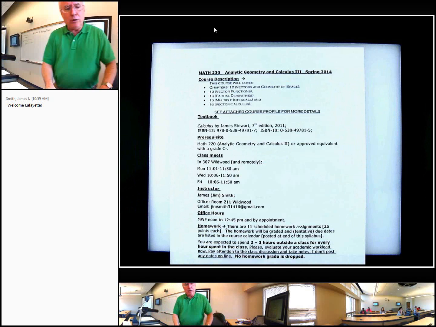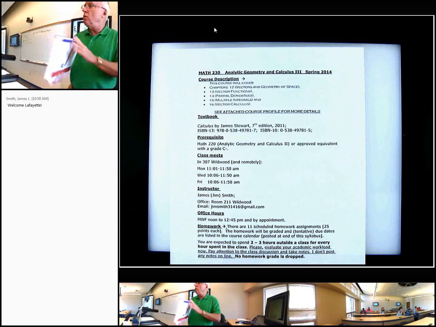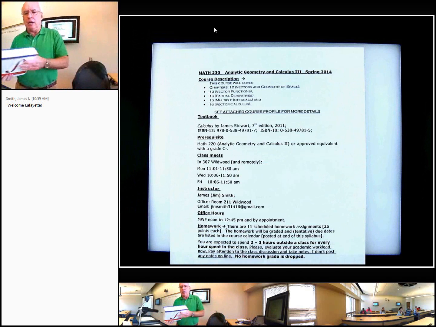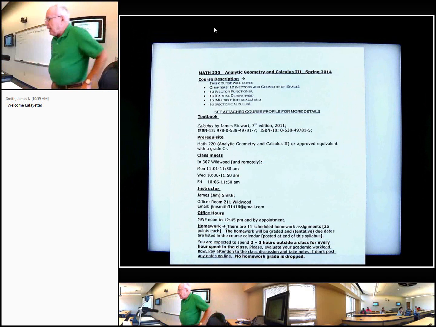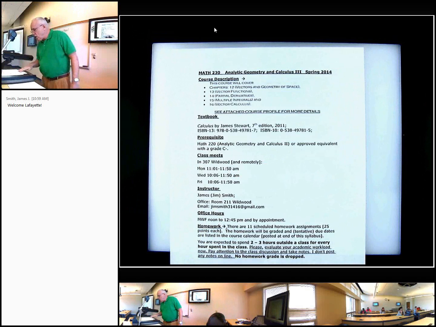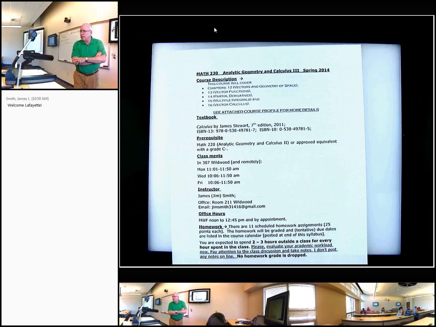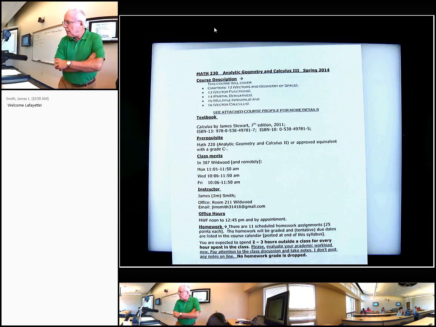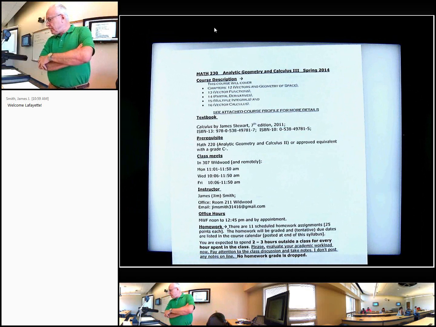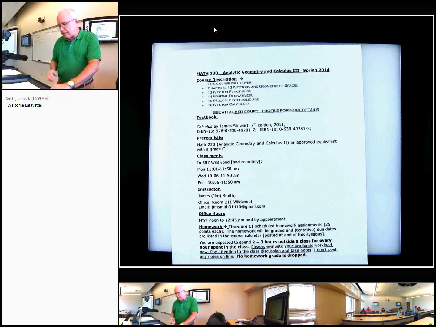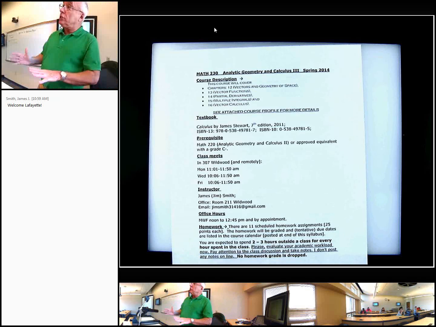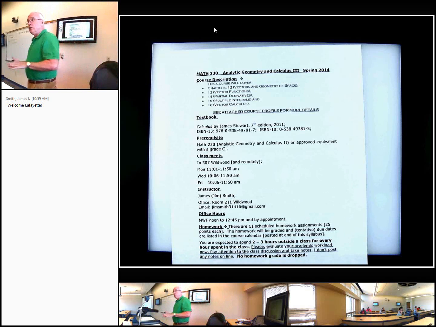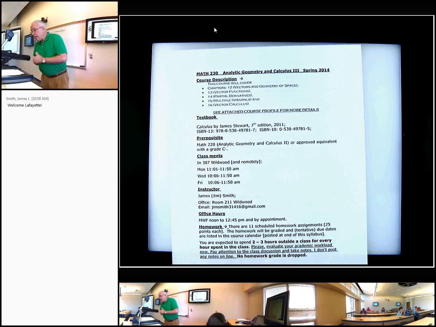The textbook, as you all know, is the 7th edition of Stewart. We're going to start in chapter 12. 12 and 13 are going to be considered the first unit, and then we'll have a unit test after that. Then we have chapters 14, 15, and 16.